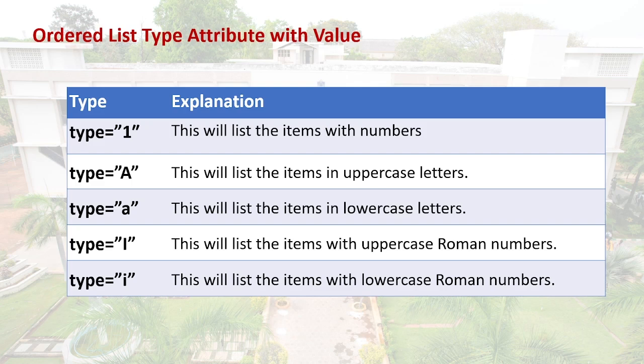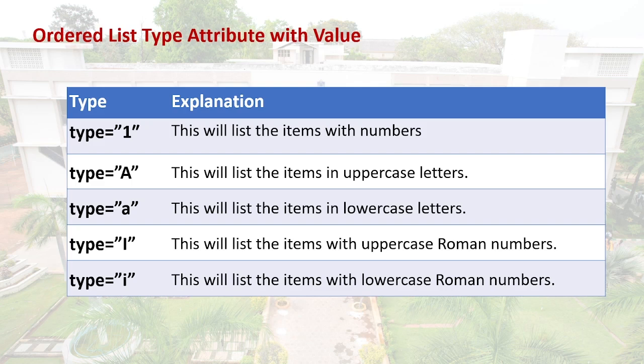First one, type is equal to 1. This is used for numbers. This is the default type for ordered list. The items are displayed with regular numbers like 1, 2, 3, 4, etc. It is typically used for steps in a sequence or ranking purposes.